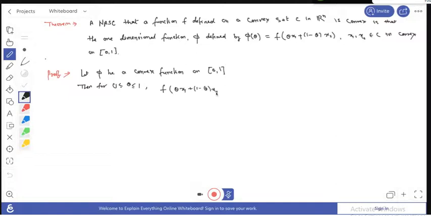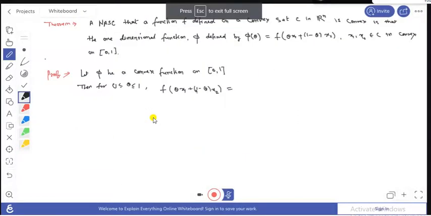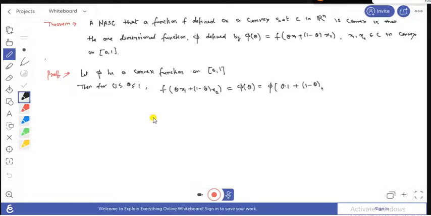Okay, so this equals to, you know that if this phi of theta is defined by this formula, then this equals to simply phi of theta. And phi of theta, you can express as phi of theta into 1 plus 1 minus theta into 0. Okay, why can we write this form? Here this theta can be written as theta into 1 and 1 minus theta into 0.